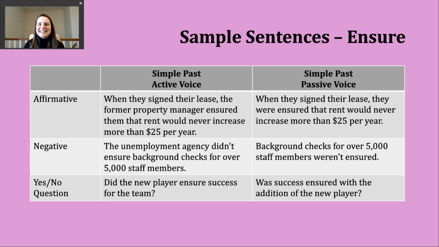Here's the sentence. When they signed their lease, they were insured that rent would never increase more than $25 per year. Okay. I borrowed this sentence from a report. This is now sort of turned into a legal matter in a particular city, and this helped describe what happened.